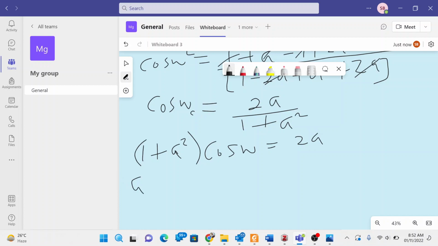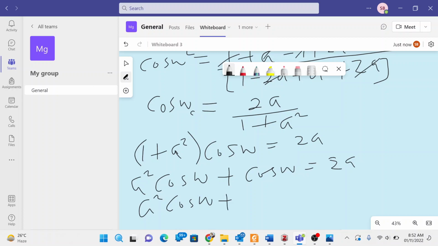So that means a squared cos omega plus cos omega will be equal to 2a. If 2a comes here, we have a squared cos omega minus 2a plus cos omega, which will be equal to 0.